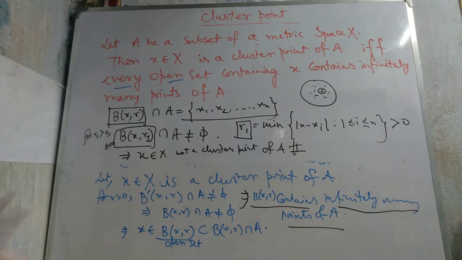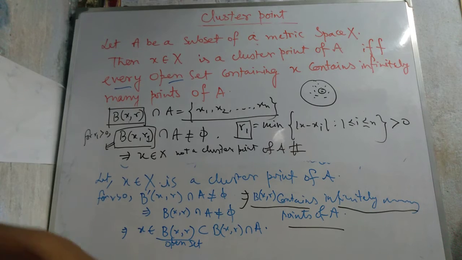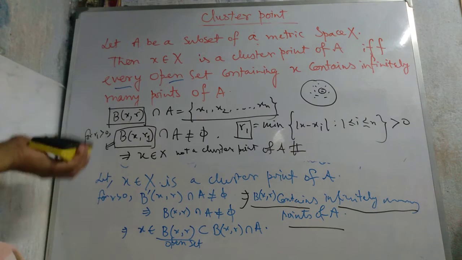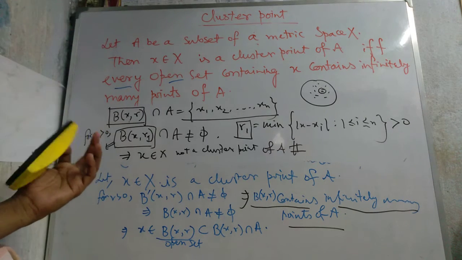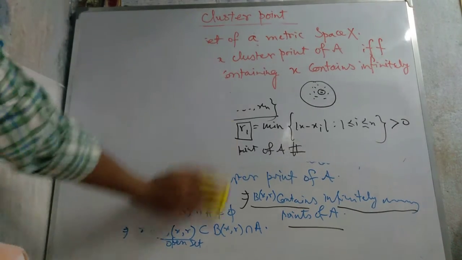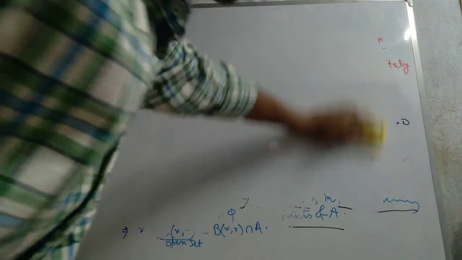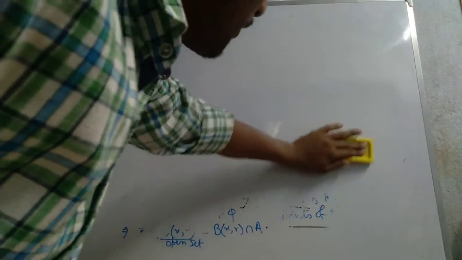Understand this problem? This one is an important problem, but we discussed it too easily. Okay, now we discuss one important theorem, the Bolzano-Weierstrass theorem. We erase this portion, then we discuss this theorem.